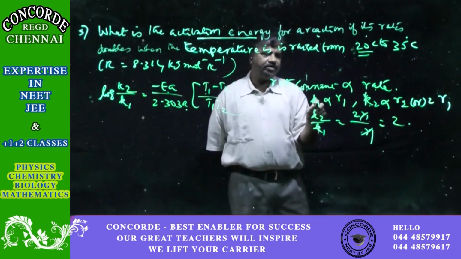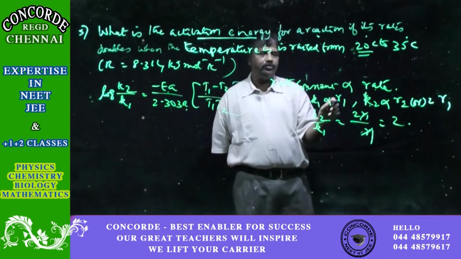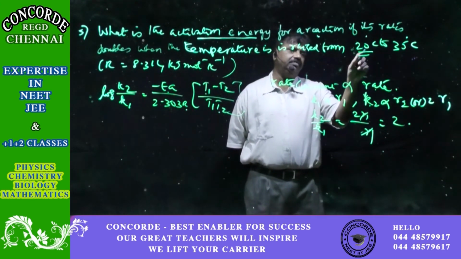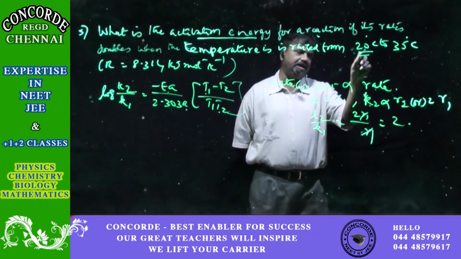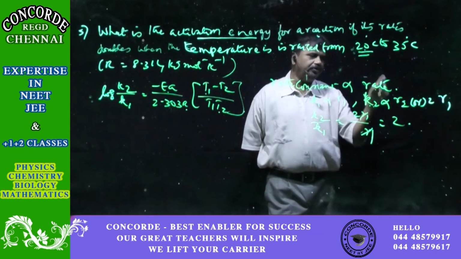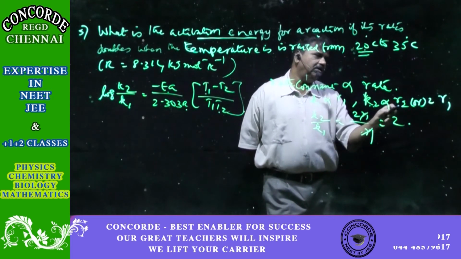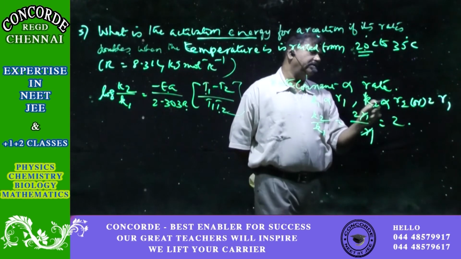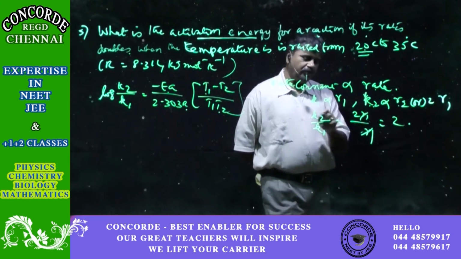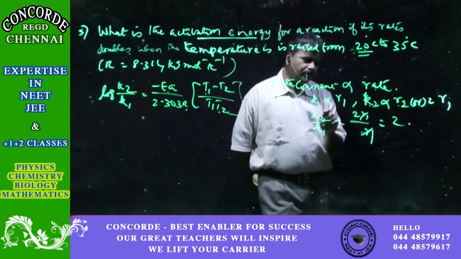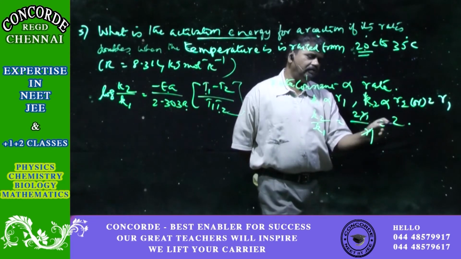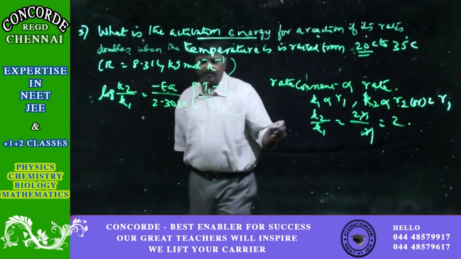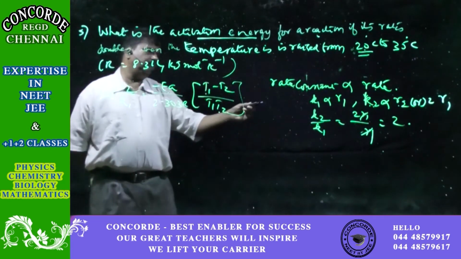The rate constant K1 is proportional to the rate of the first reaction R1, and K2 is proportional to the rate of the second reaction. But R2 we know is double, that's what they have given. So when you want K2 by K1, it is 2R1 by R1, which is 2.